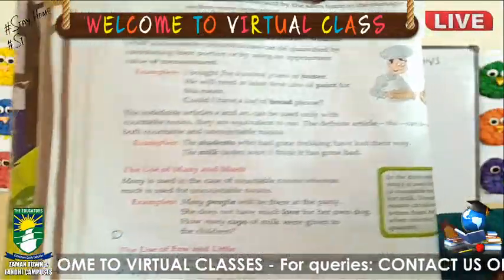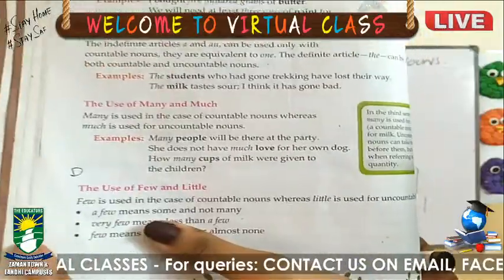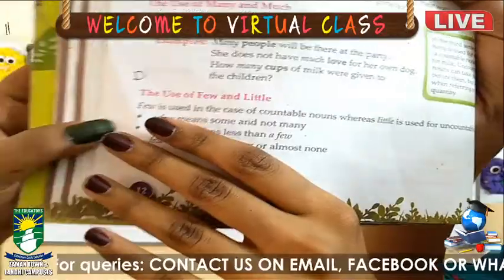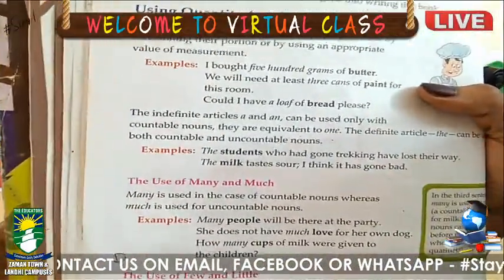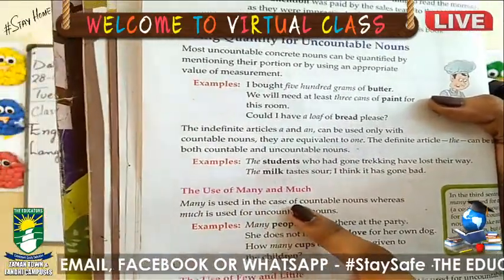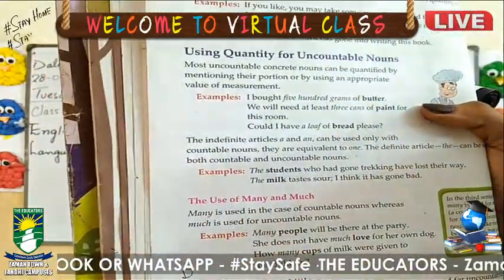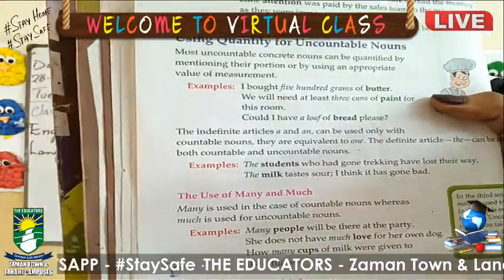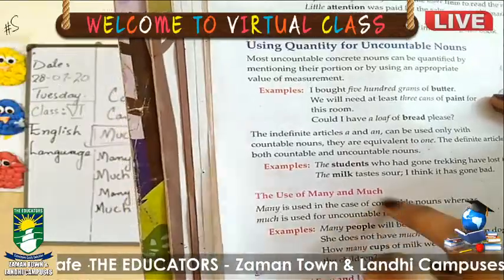Because many is used in the case of countable nouns, whereas much is used for uncountable nouns. Here's an example of yours. Many people will be there at the party. Why they have used many with the people? Because people is countable noun.